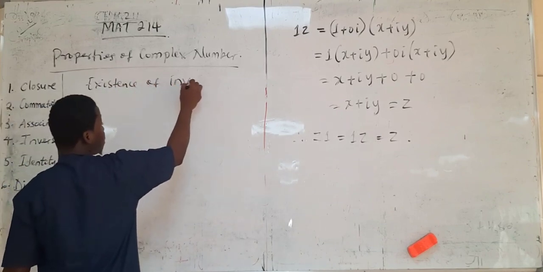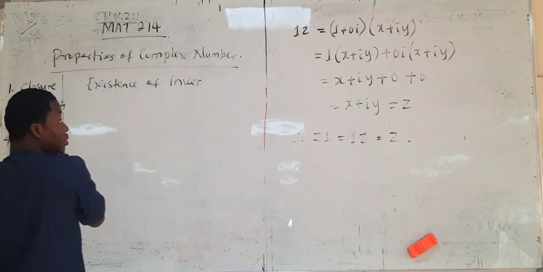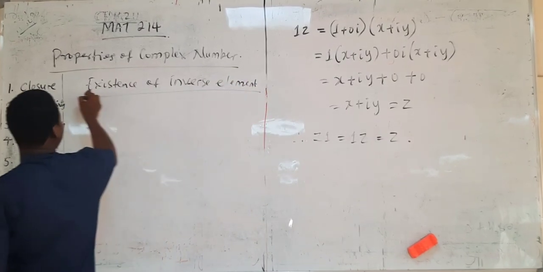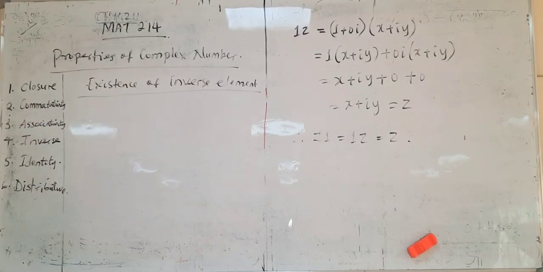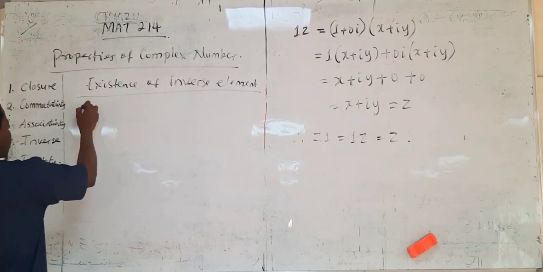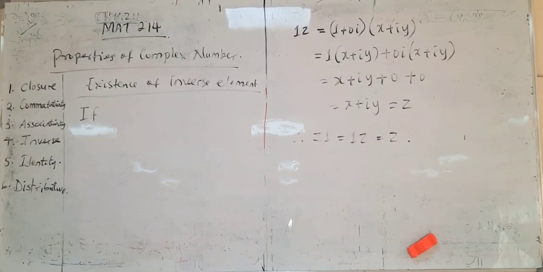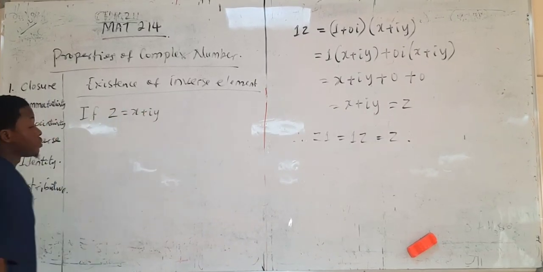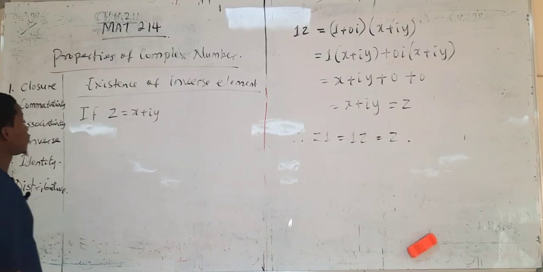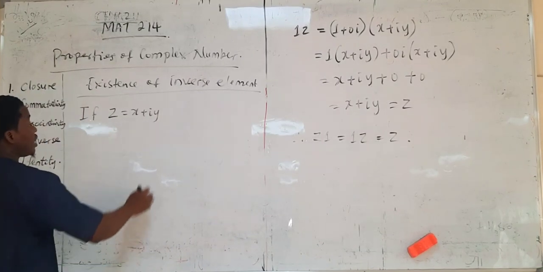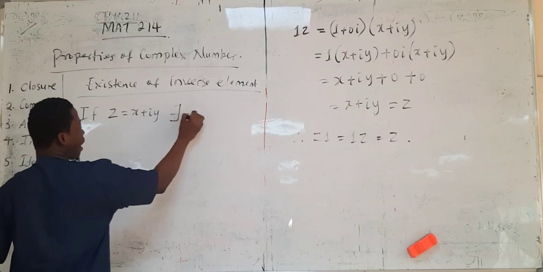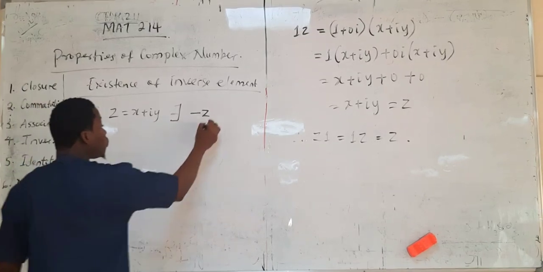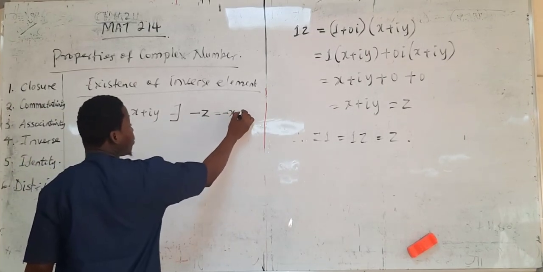Of inverse element also. Now we say that if z, which is x plus iy, is a complex number, then there exists minus z, which is equal to minus x minus iy.